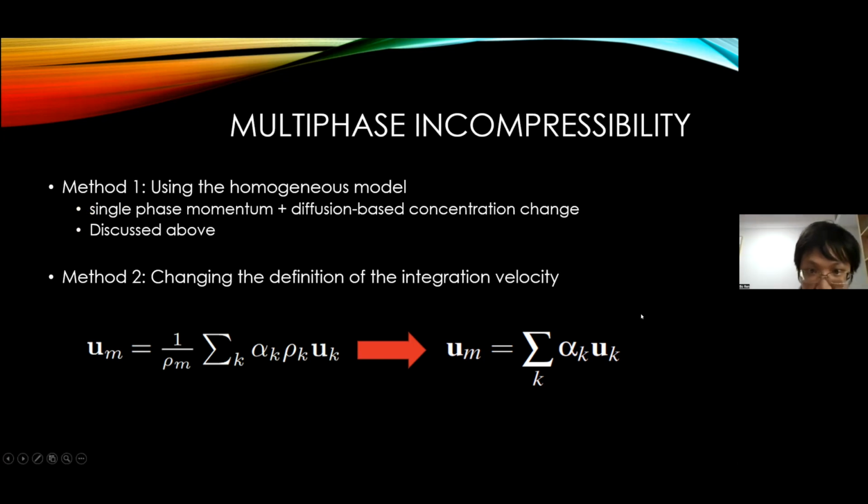The new definition will be volume-weighted. The difference is whether we multiply this u_k with rho. One integration velocity is the speed of the mass center, and the other is the speed of the volume center.